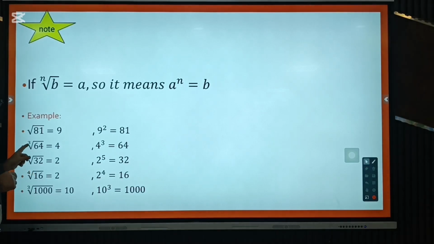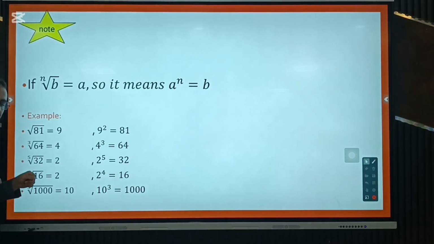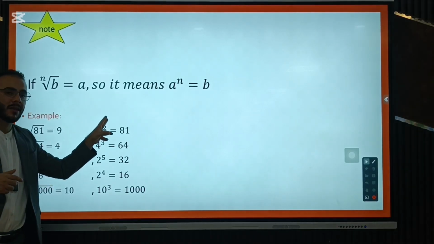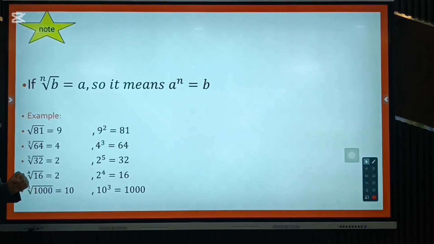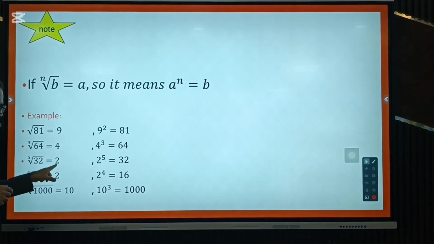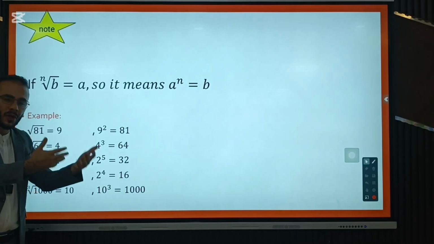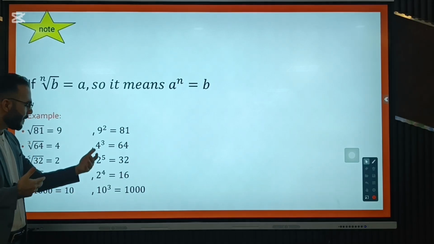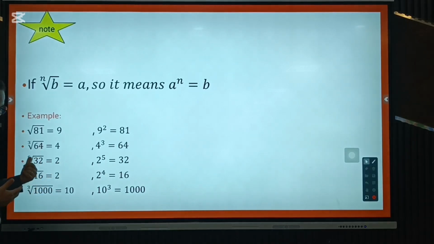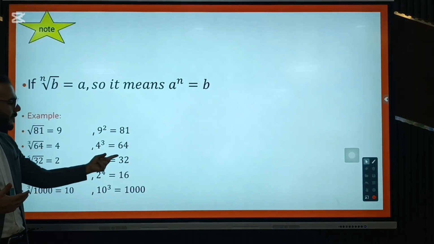Okay? And cube root of 64 is equal to 4, so it means 4 to the power of 3 equals 64. Fifth root of 32 is 2. If we turn it to an exponential, it's going to be 2 to the power of the index, which is 5. 2 to the power of 5 is equal to 32.